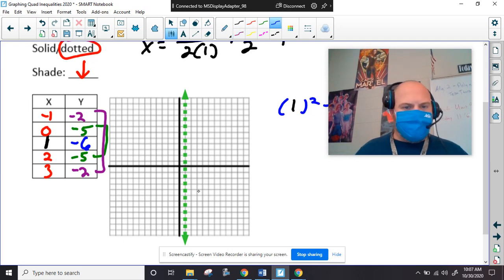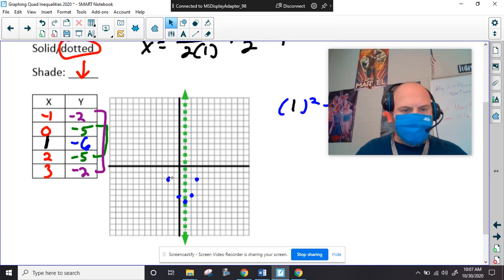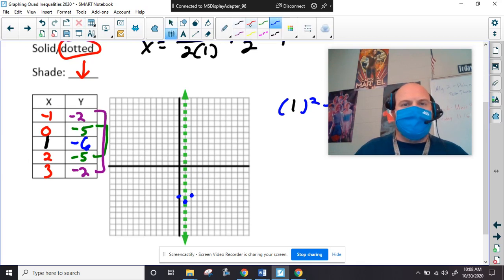All right, so we're plotting the points. 1, 2, 3, 4, 5, 6. Over 1, up 1. 1, 2, 3. Nope, it's too far over. Dang it. That's why we can't have nice things.